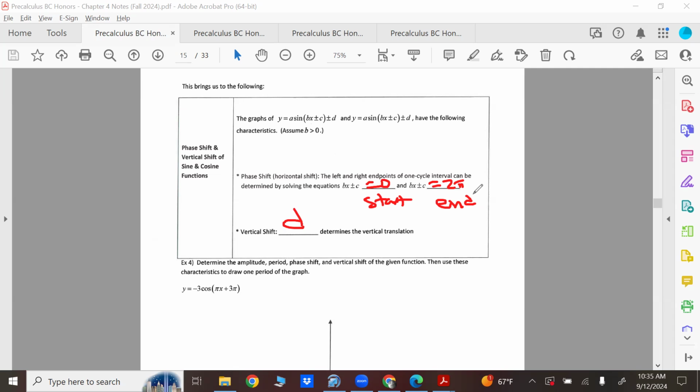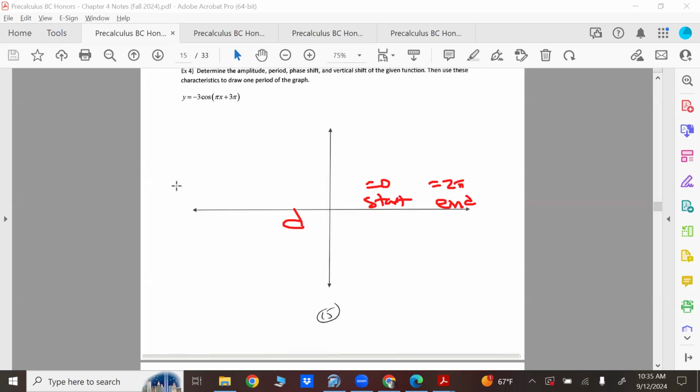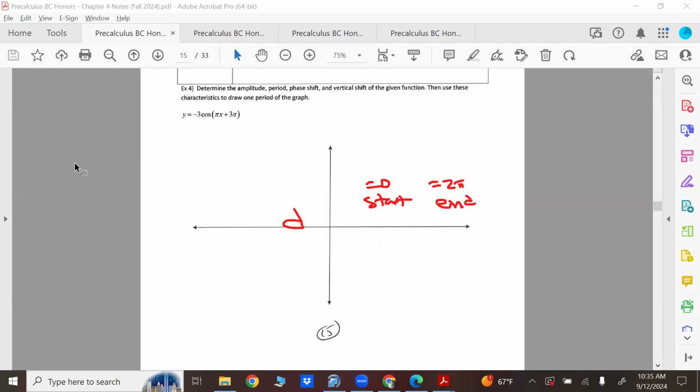Okay. Let's try this again. Ready? Here's what I'm going to do. Let's factor out the pi. -3 times cosine.